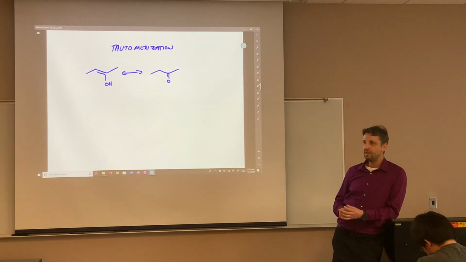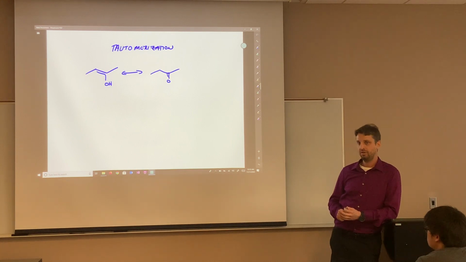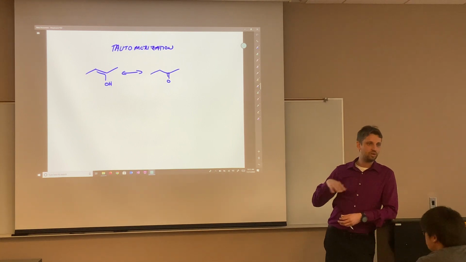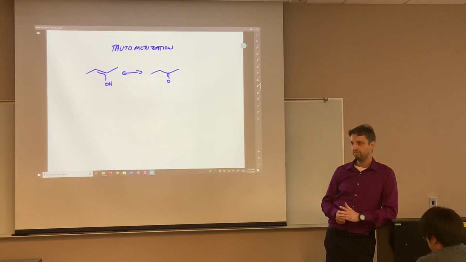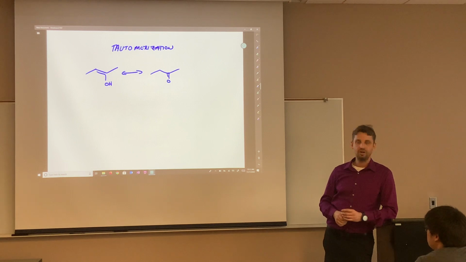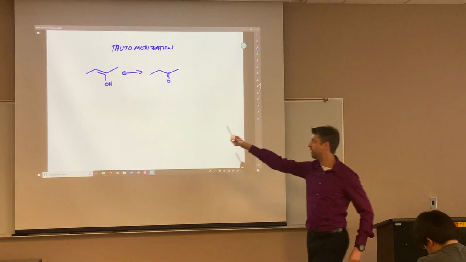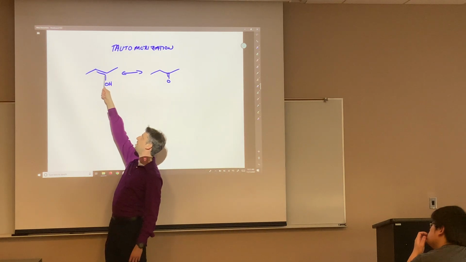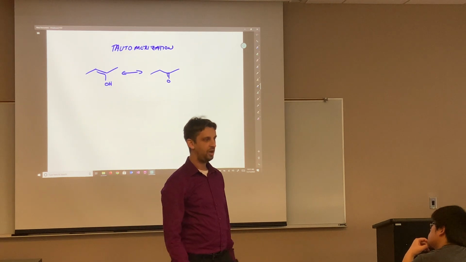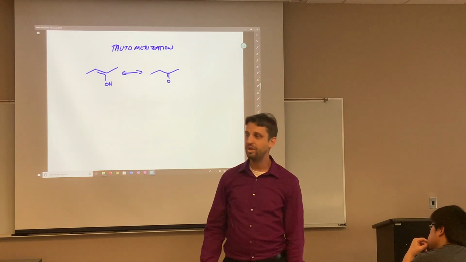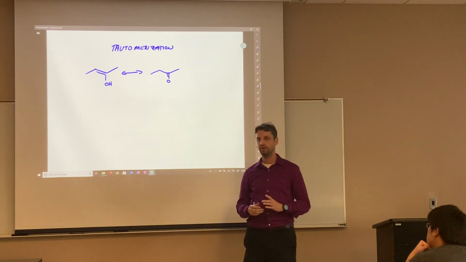There is an extremely strong drive to form carbon-oxygen double bonds, whether it's under acidic or under basic conditions. My point being this: if you're doing a mechanism and you end up putting an alcohol on the same carbon where a double bond is, instantly it's going to tautomerize. You can't stop it, even if you really want to, okay?